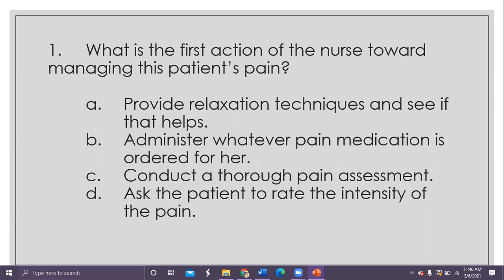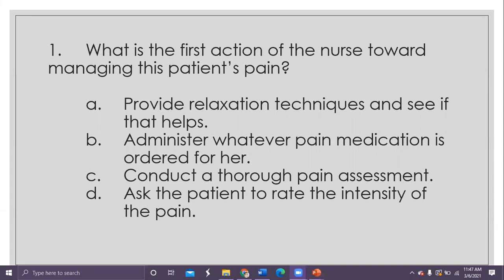I want you to read the question and then the answers and select the choice, and we'll take turns. Brooke, can you go first, please? Would it be ask the patient to D?